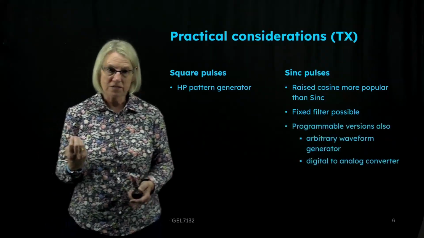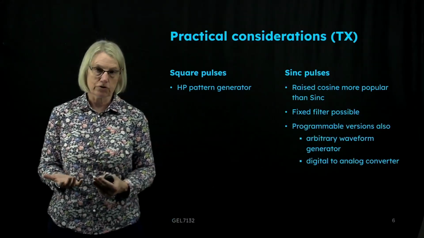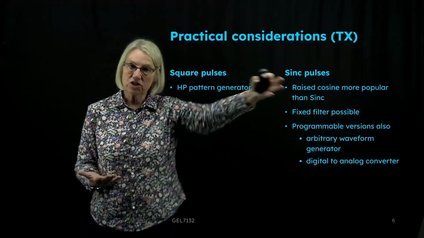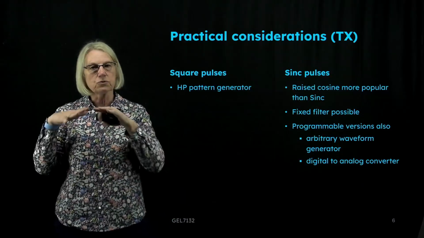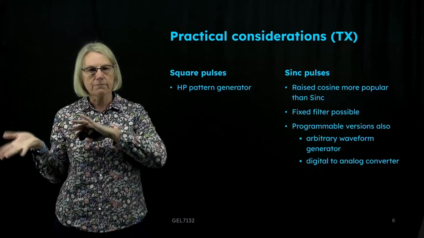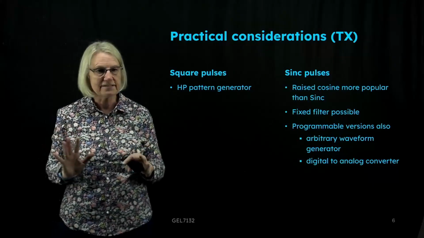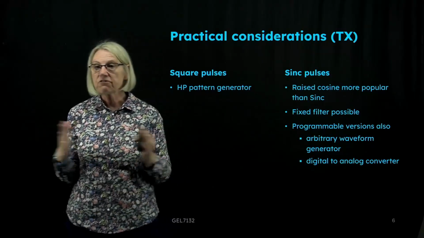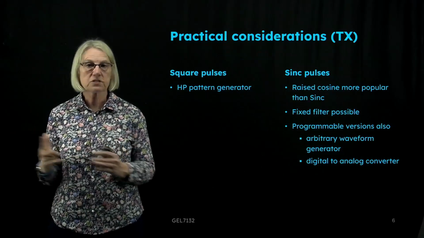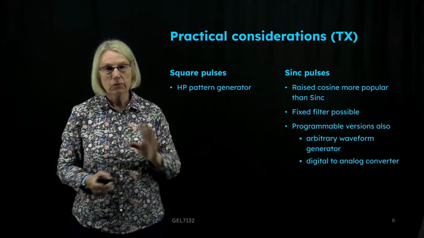So it's also possible to have a programmable version of a raised cosine pulse, which would allow me to pick trade-offs in the time domain and frequency domain by having different roll-off factors for my different raised cosines, or to have different symbol times. So I could program that. That would be great.